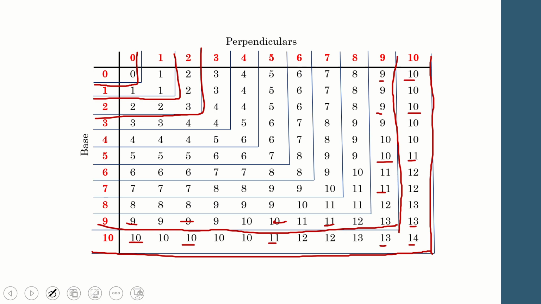So you can observe that it is coming symmetrical about this line, and we have drawn two lines with the same base and perpendicular. You see, this is 4 and this is 4, so the line drawn is about 4.